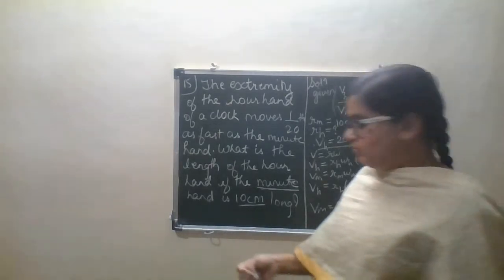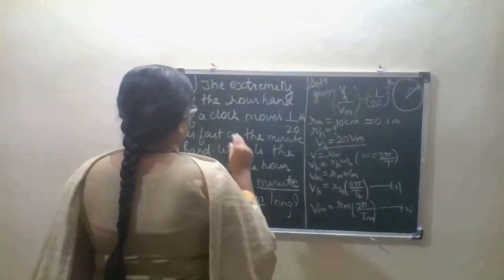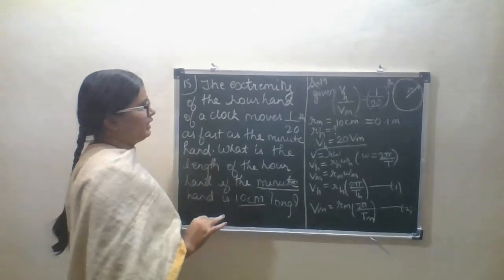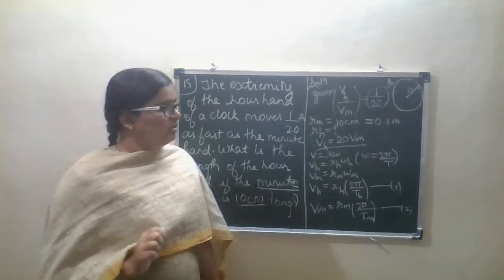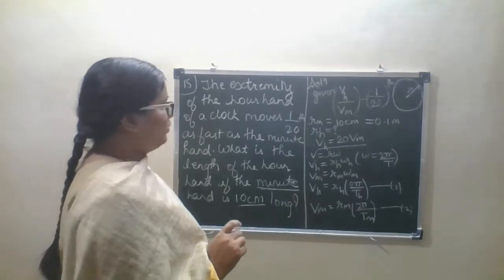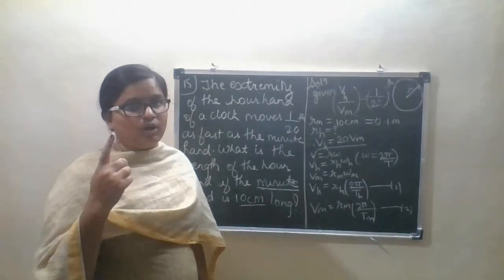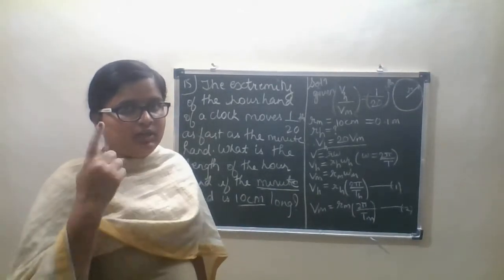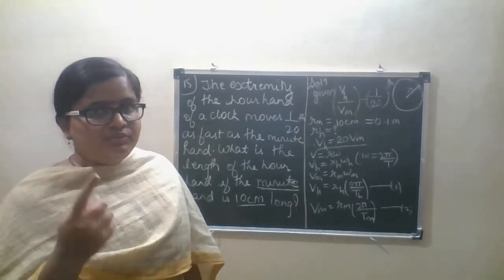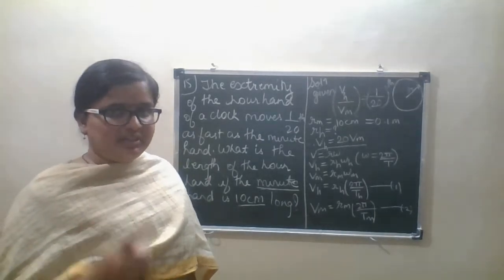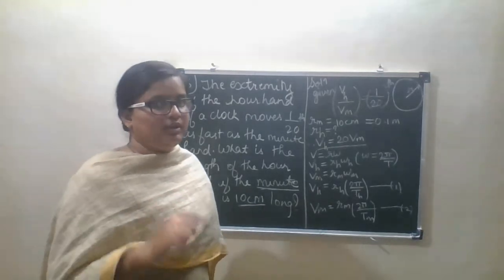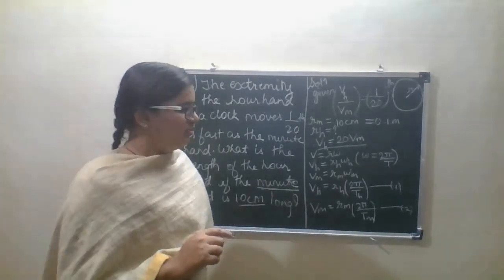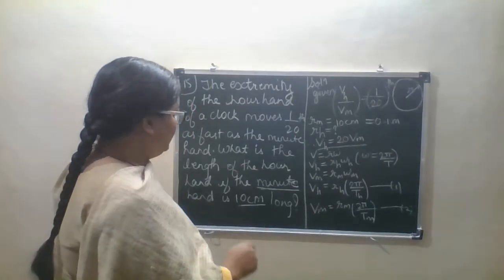Got it? So you got what the question is and what we have to find. The extremity of the hour hand of the clock moves 1/20th as fast as the minute hand.